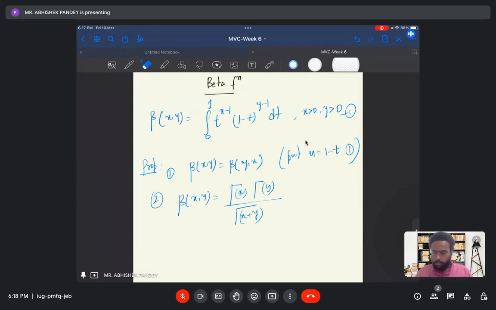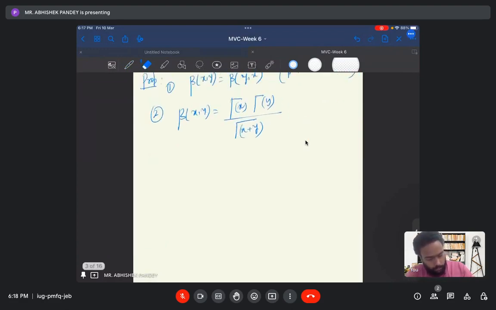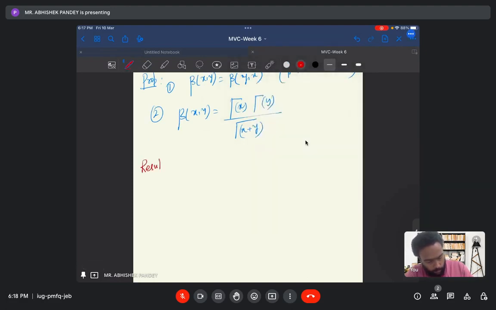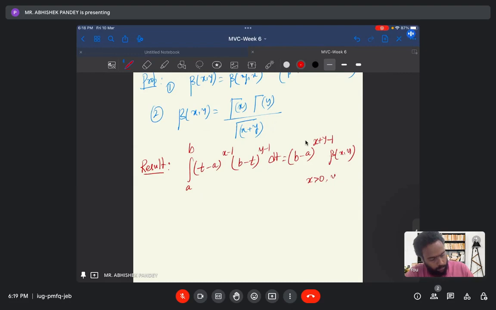The important result I am going to mention, which we will use, is the integral from a to b of t minus a to the power x minus 1 times b minus t to the power y minus 1 dt, which equals b minus a to the power x plus y minus 1 times beta of x comma y, where x is positive and y is positive.